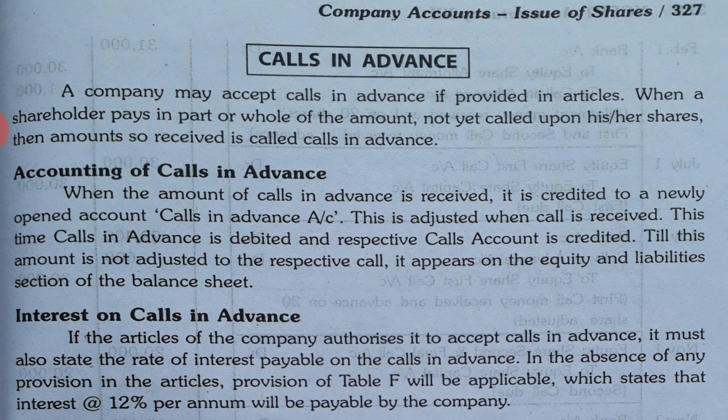So Table F is important for this. If the articles of the company are silent on the matter of interest on call in advance, then Table F is applicable, and according to that 12% per annum interest will be provided. Otherwise, whatever is already pre-decided.